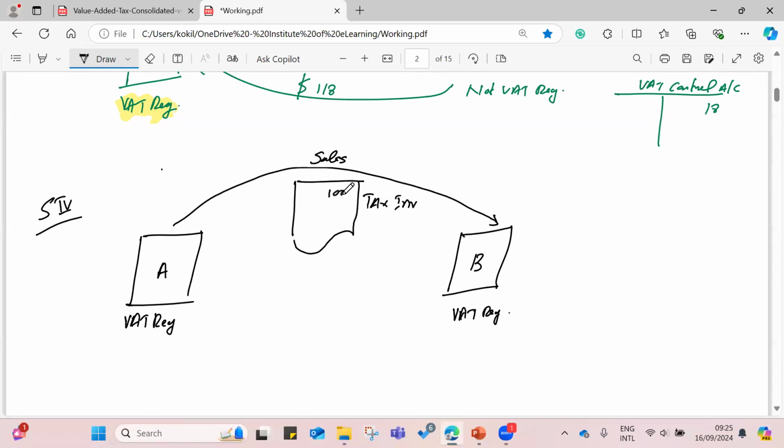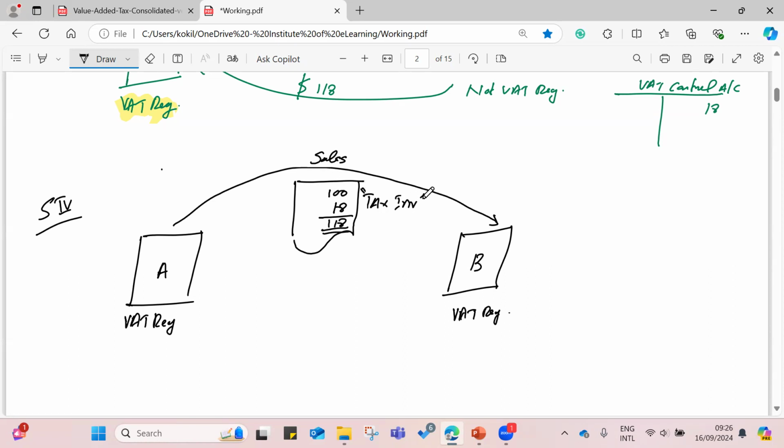Then you are required to declare 100 as the value of supply, and you need to declare the VAT amount separately, and you need to declare 118, the total consideration. These three components, and also other important criteria are there. I will discuss shortly what things you need to include in a tax invoice.